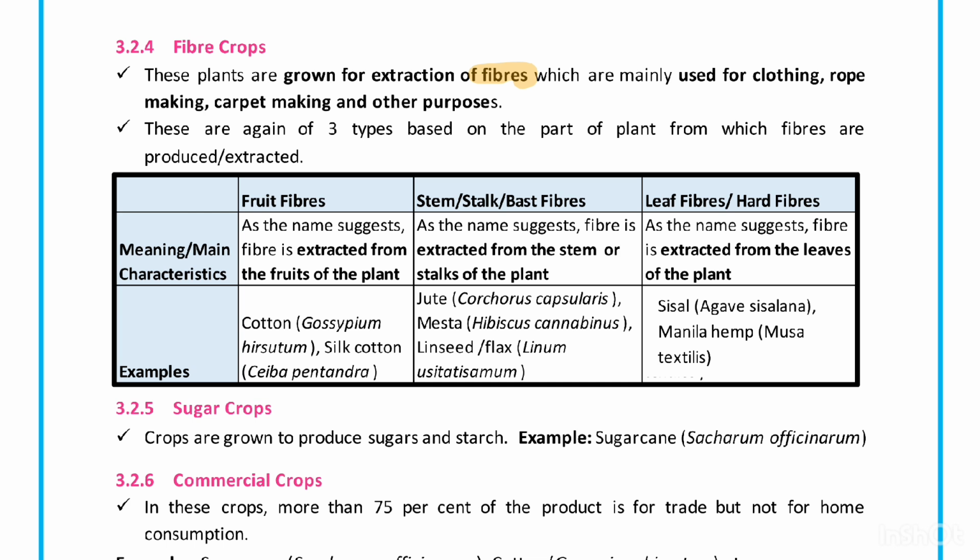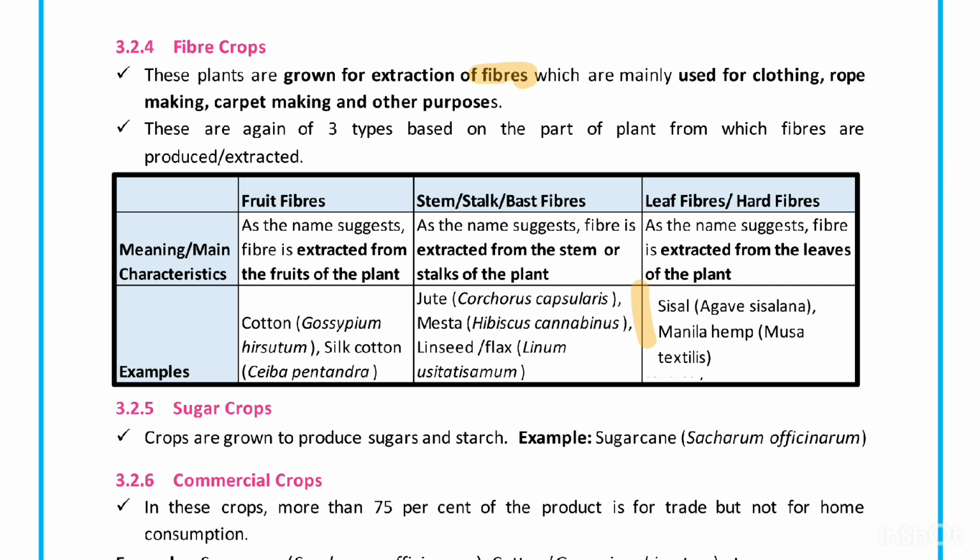Some fibers are not synthetically made; we are naturally obtaining them from plants. Cotton is basically a plant in which cotton fiber grows, and we extract this fiber and further process it to make cotton fabric. These crops which are used for extracting fiber are known as fiber crops.